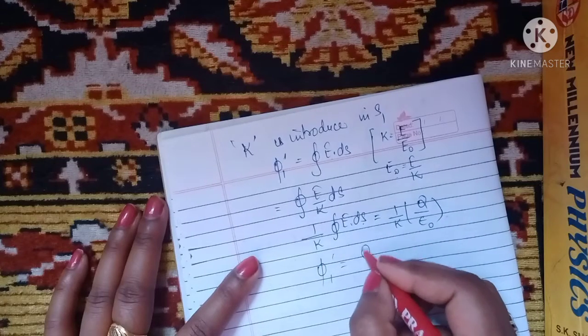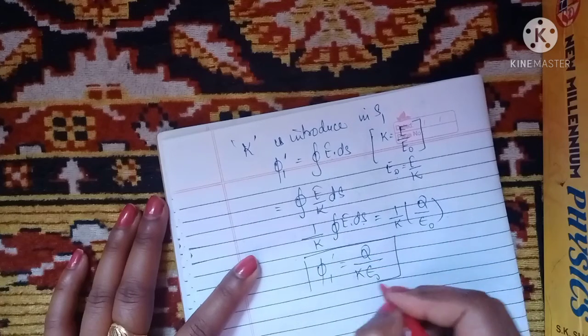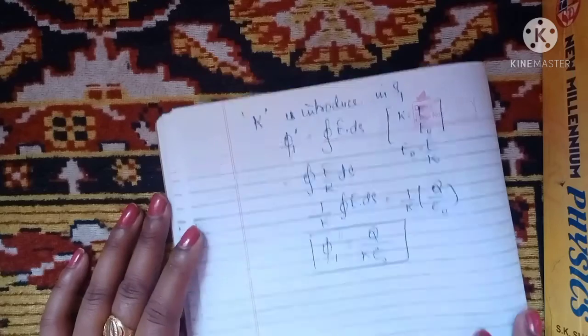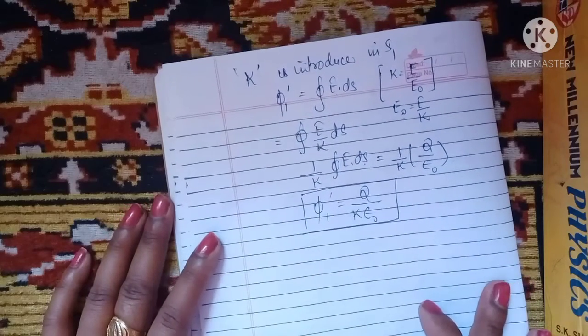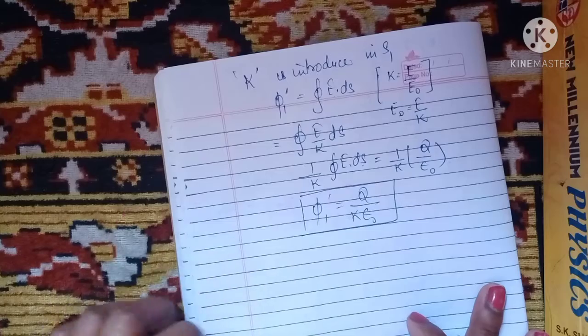That is Q over K epsilon naught. This is the way you have to calculate the flux here. This is how the flux will change if the dielectric is introduced here. So in this way, the dielectric is going to change the flux of the sphere S1.